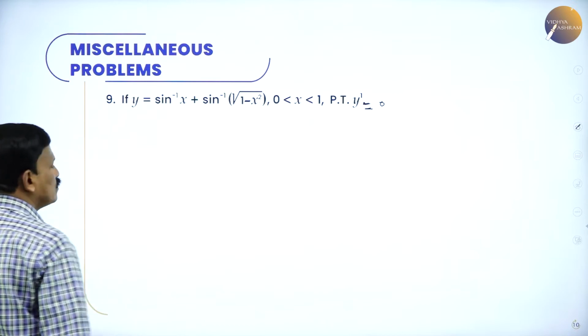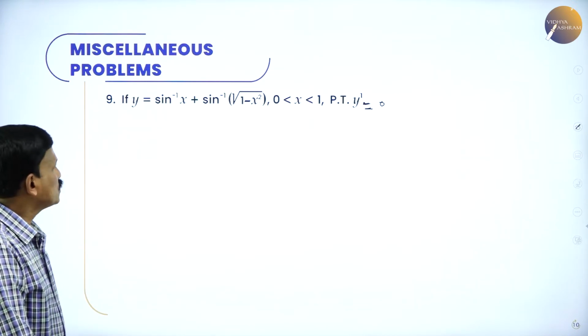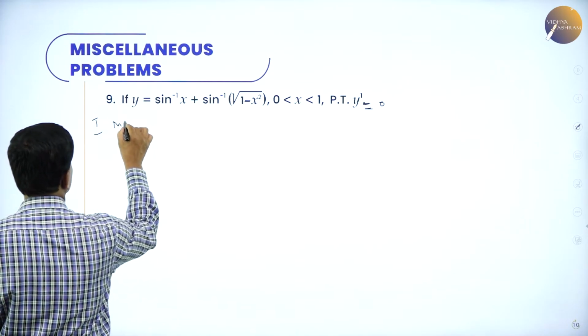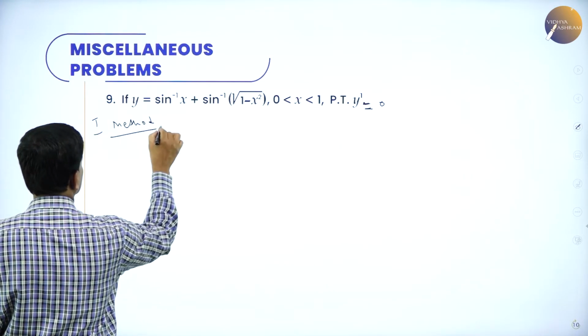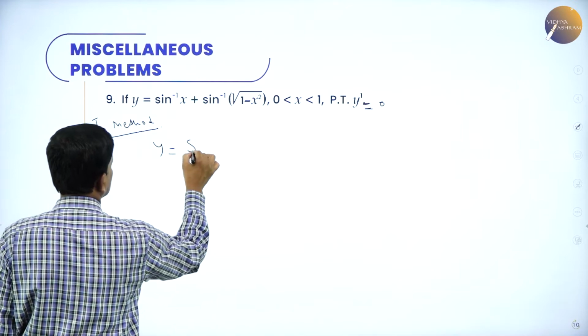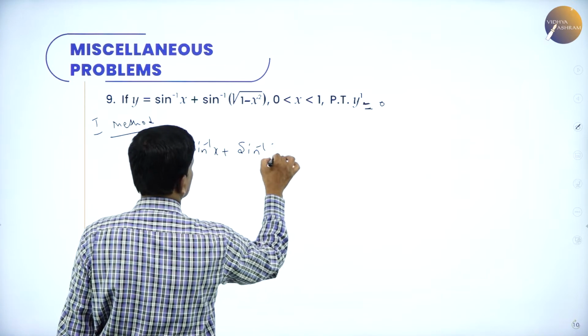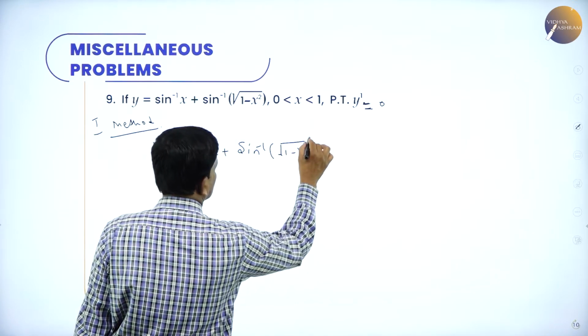Now, see here, very simple problem. This can be done in two methods. First method, I'll explain the first method. There are so many methods. The first method: y is equal to, what is given, sine inverse of x plus sine inverse of root of 1 minus x square.